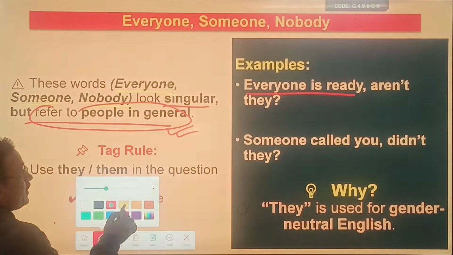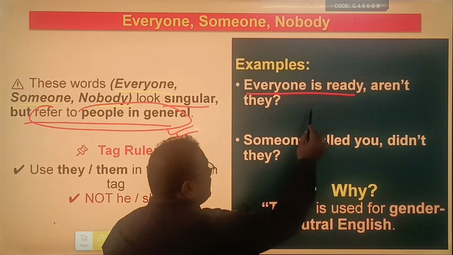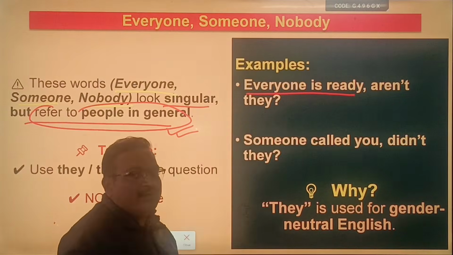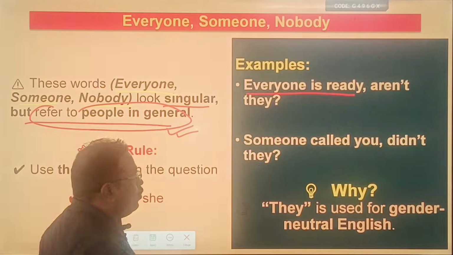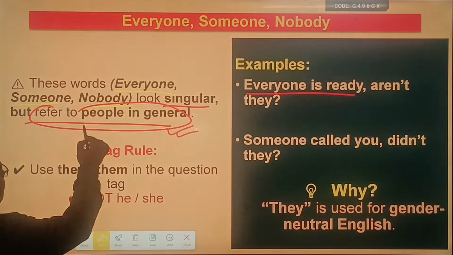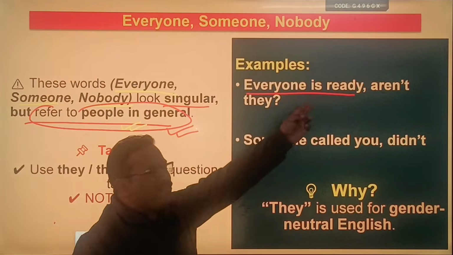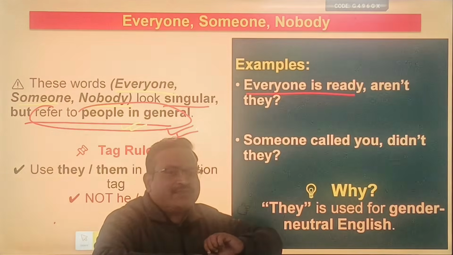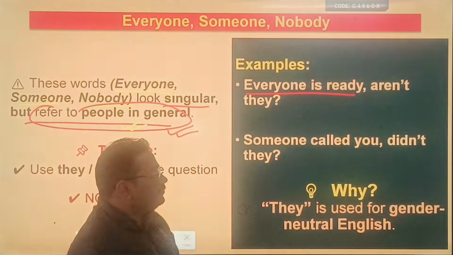Yes or no? But when they are used in any sentence, they seem to be singular, but their question tag is what? Plural. Why? Because they refer to people in general. Everybody is ready, when I say this, I am saying about everybody, all. So plural.